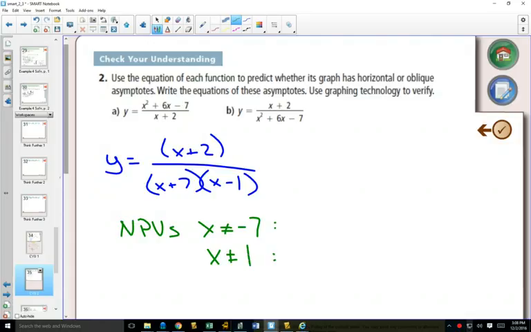Vertical asymptotes or holes. They're going to be both vertical asymptotes. You'll have a vertical asymptote at x equals negative 7 and one at x equals positive 1.